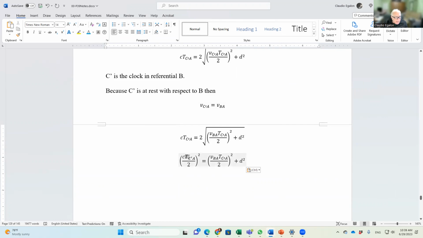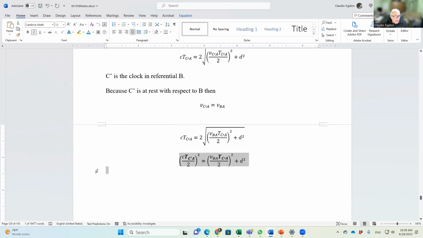And then notice that I have TC prime here, C prime A here, and TC prime A here. Okay, that's the period of the clock C prime that an observer in referential A measures.